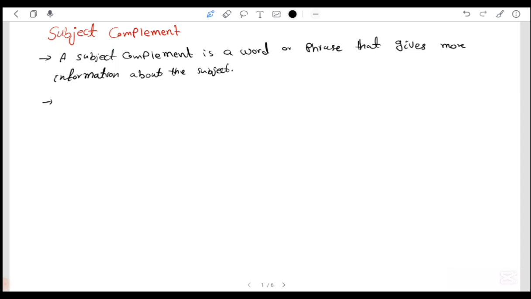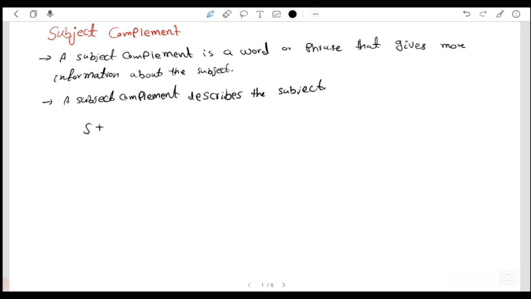Let's say, in a simple way, we could say a subject complement describes or identifies the subject. Let's say it describes the subject. Sometimes it also identifies it.